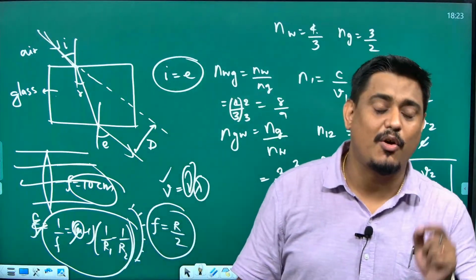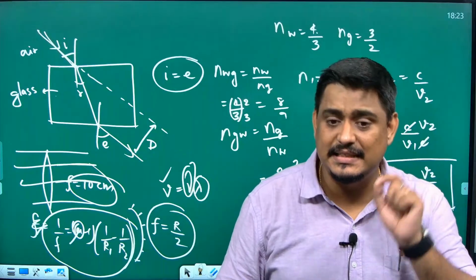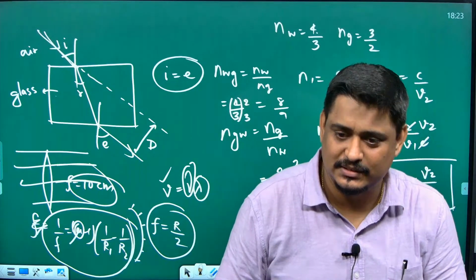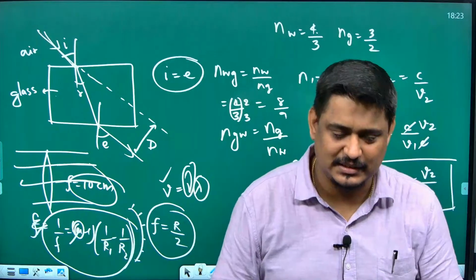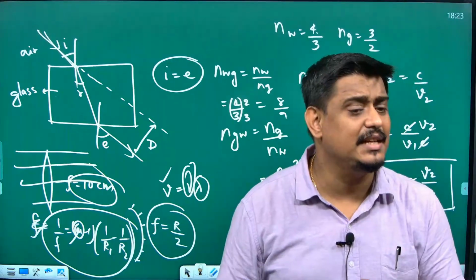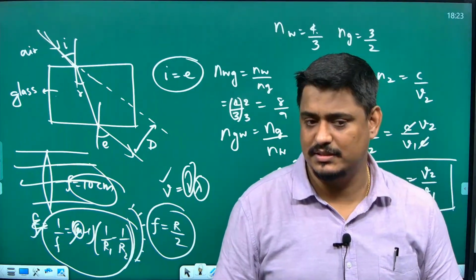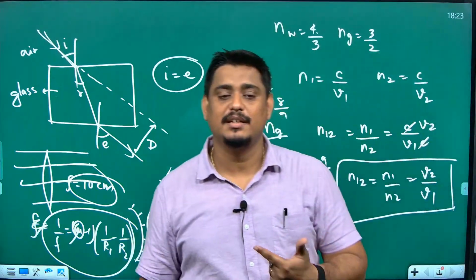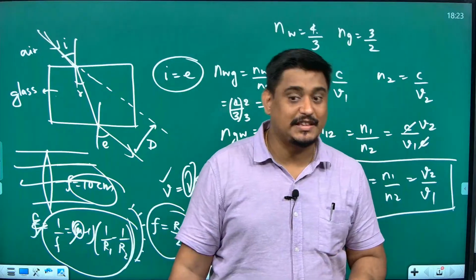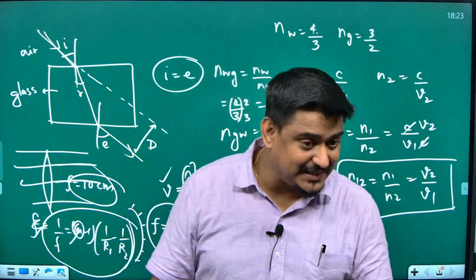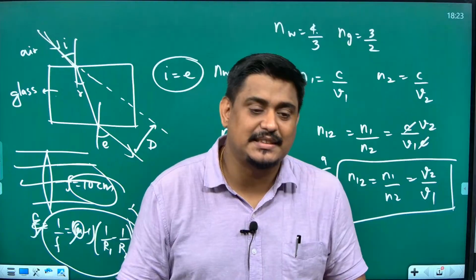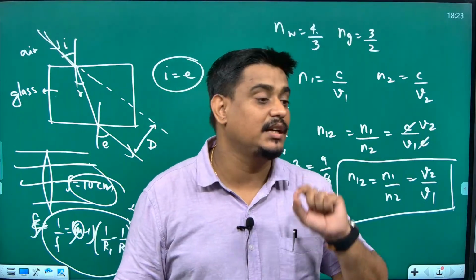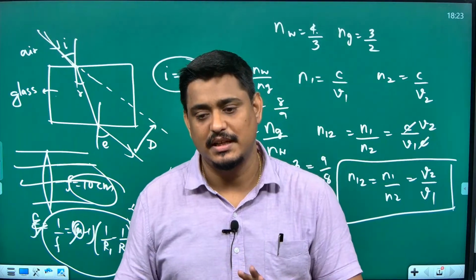That is, a concave lens is a diverging lens, and a convex lens is a converging lens. Whereas a concave mirror was a converging mirror and a convex mirror was a diverging mirror. But in lenses, a convex lens is a converging lens and a concave lens is a diverging lens.